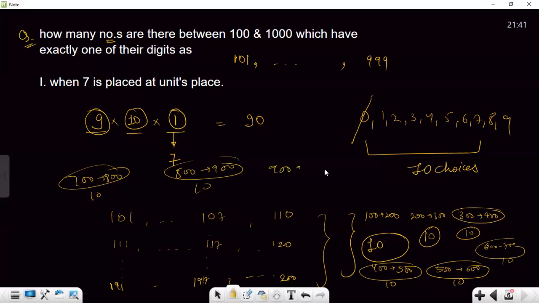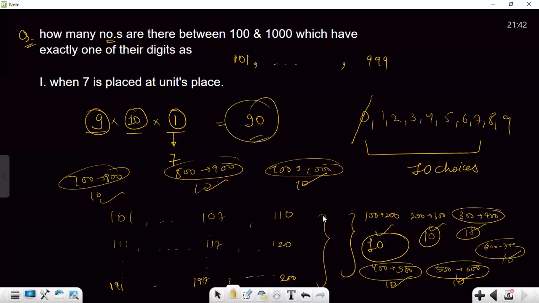And from 900 to 1000, there will be another 10 having 7 at their unit place. So how many total? 1, 2, 3, 4, 5, 6, 7, 8, 9 groups. Clear everyone? So 10 into 9 becomes 90.